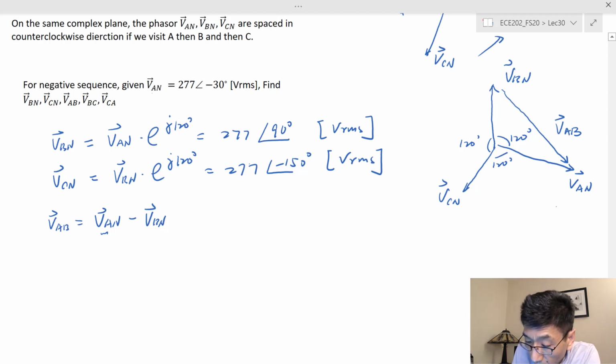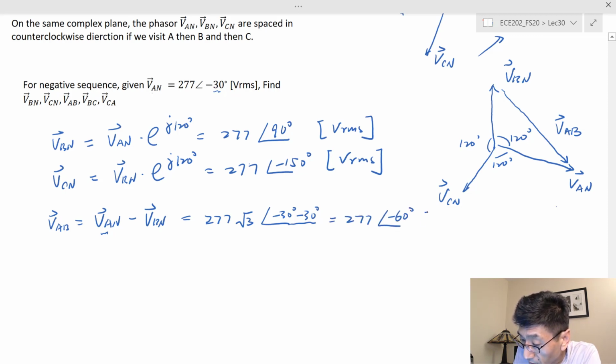So I know this is going to be minus 30 degrees, because VAN has negative 30 degrees. So the VAB is further lagging this by 30 degrees. You could use a calculator if you don't want to use a phasor diagram. And the magnitude of VAB is going to be square root 3 times, the same deal we had for the positive sequence. So therefore I got 277 square root 3, negative 60 degrees.